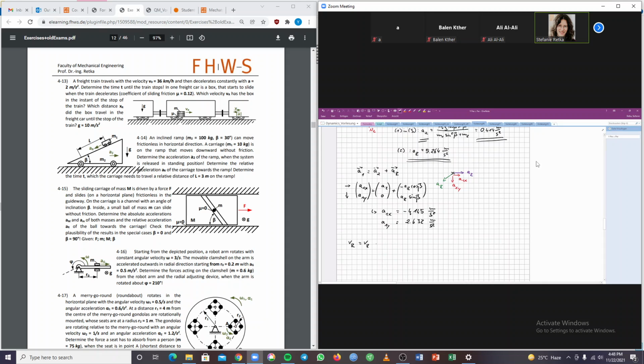In general, it's the initial velocity plus AR times T. According to the problem description, the system starts to move from rest, meaning that our initial velocity is 0. Now the carriage is traveling a distance of 3 meters. Then we can integrate this equation once more to 1/2 AR T squared, and this has to be equal to the length L.